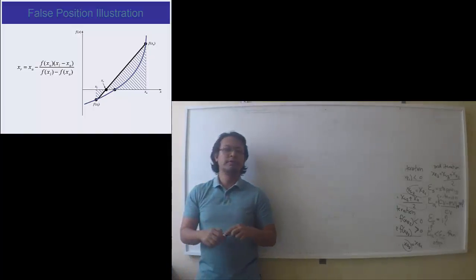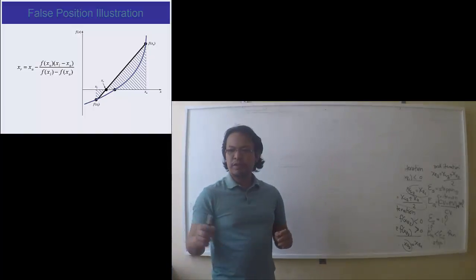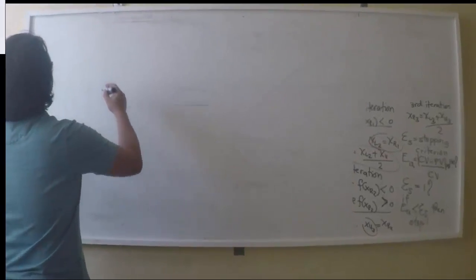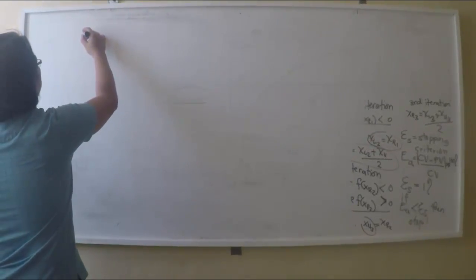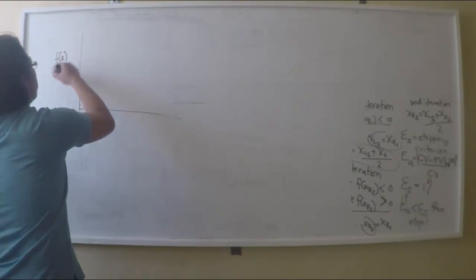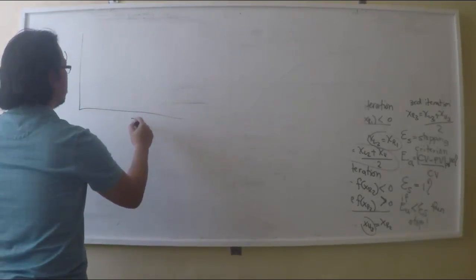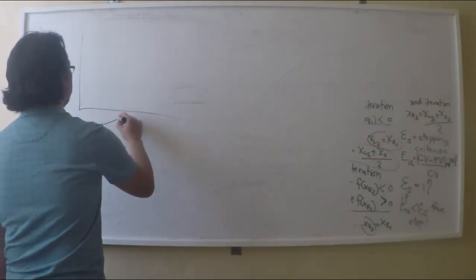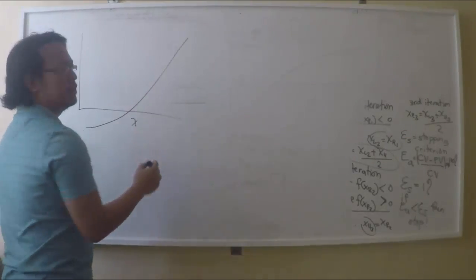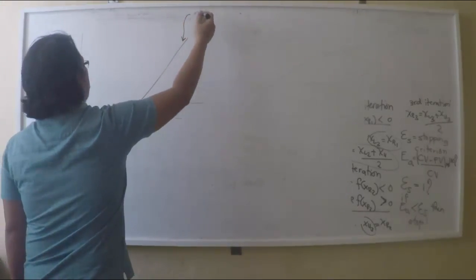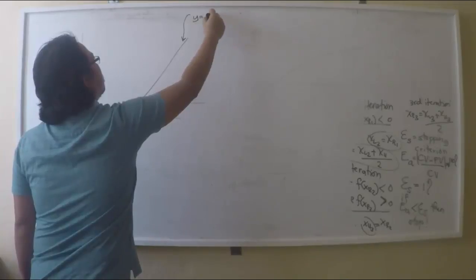Okay, so let's try to derive this one. Of course, we have to draw that one. Maybe here. This is f of x, and this is x. Let's say you have that function, which is just something like this. So this is your f of x, by the way. Yeah, maybe y is equal to f of x.